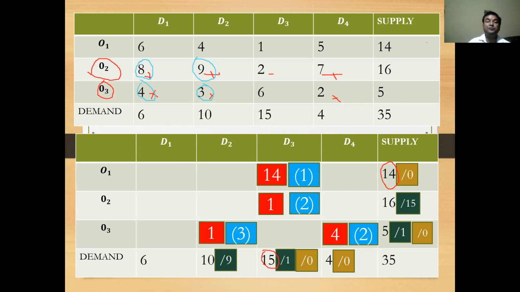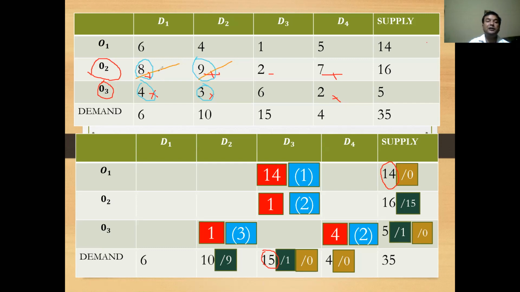Origin 3 has become empty, therefore we have items available only in origin 2. So we think of origin 2 and destination 2 and destination 3. Destination 2 and destination 3 means we now think of this 8 and this 9.